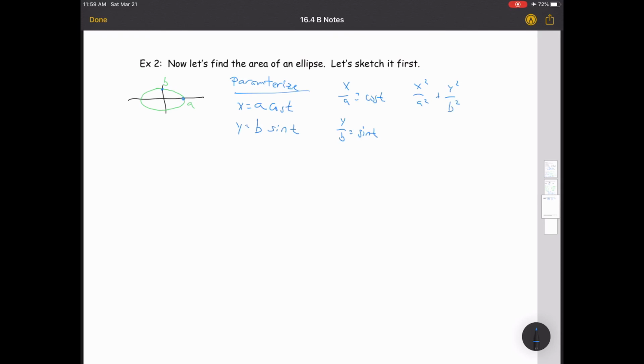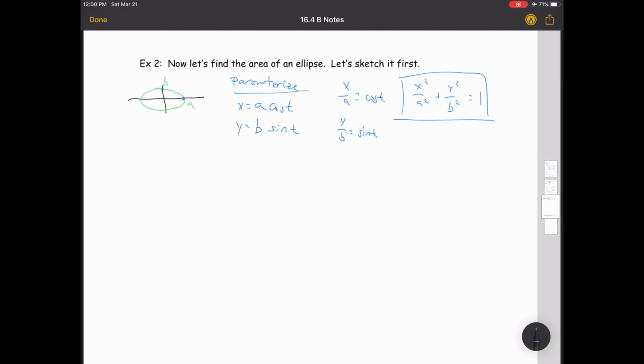If you add the cosine squared and sine squared together, you get x squared over a squared plus y squared over b squared equals 1. This right here is the general form of an ellipse, where in the x direction your maximum value is a, and in the y direction your maximum value is b. So that just gives you your intercepts.